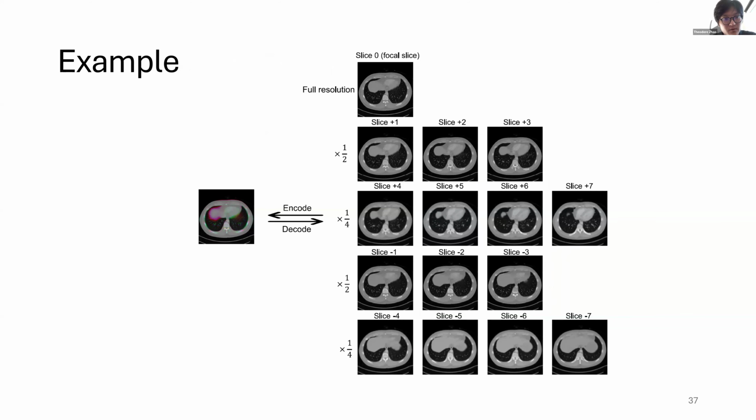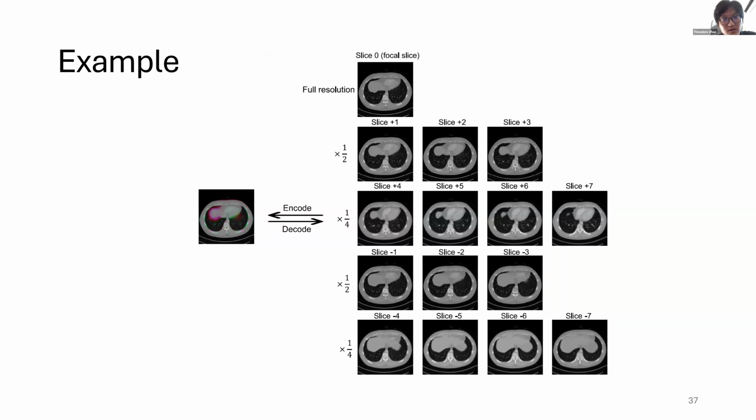So here is an example of the encoding and decoding of the image. The encoded image is an RGB image in this way. If you zoom in, you will see some neighboring sites. There are some patterns here, and this image can decode exactly to this full set of images.